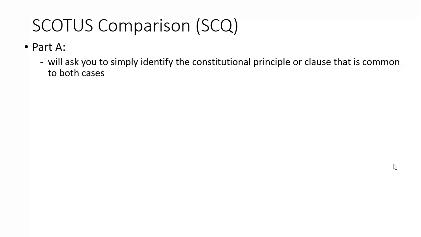The answer to Part A is going to be one single clause or principle, and it'll be only the one that is only common to both cases. So if the must-know case maybe involves 2 clauses, when you read the summary of the new case, you should be able to identify which of those 2 clauses is also in this one.